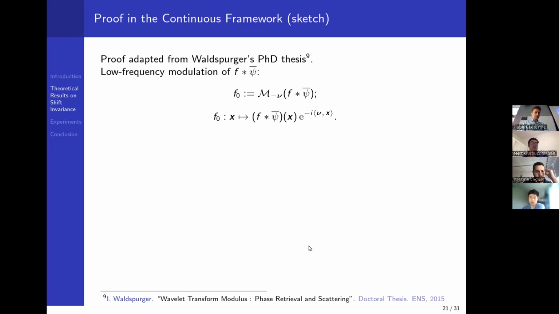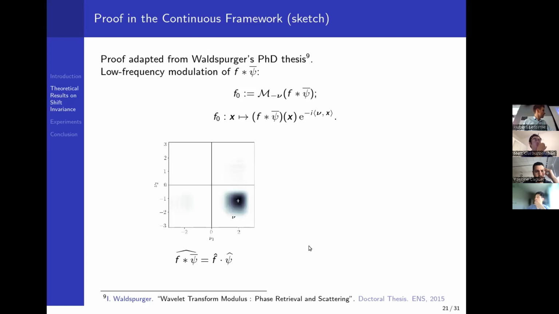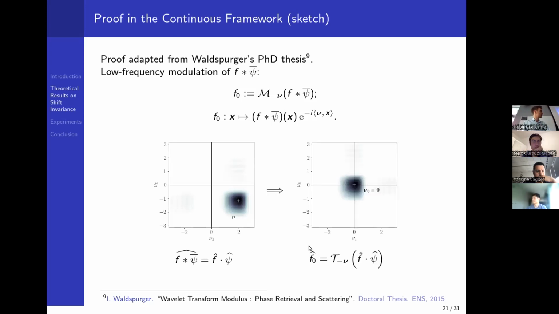So why are we doing this? This is the power spectrum of f convoluted with psi, and this is the power spectrum of f0. Why we have that is because modulating a signal in the spatial domain is equivalent to shifting its Fourier transform.